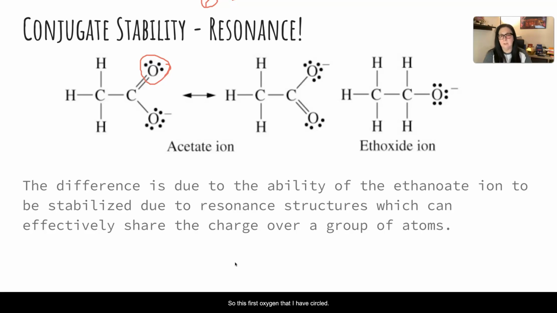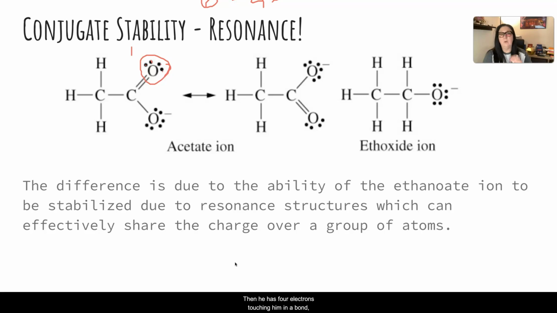So this first oxygen that I have circled, this would be oxygen number 1, he has 2 lone pairs, 4 electrons that belong to him exclusively, 1, 2, 3, 4. So I'm going to subtract those 4.